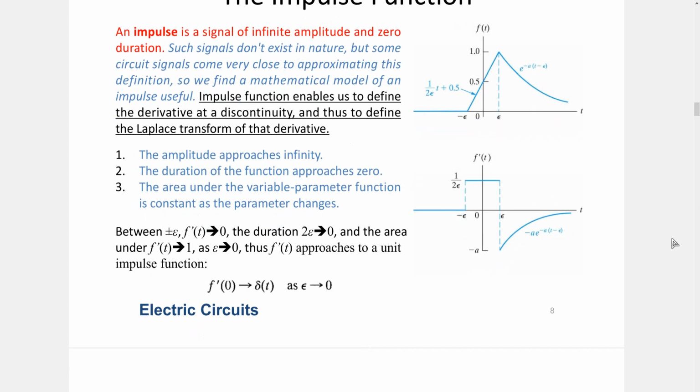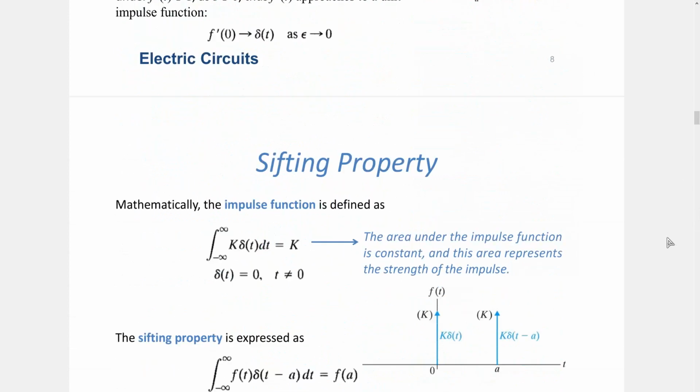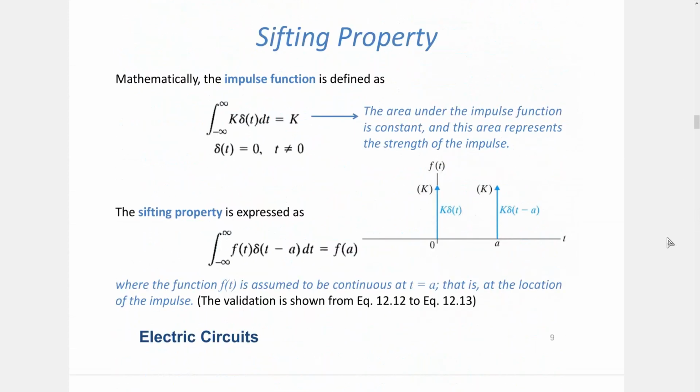All right, so we need to talk about an interesting property, which is called the shifting property. A function f(t), when you consider it as a continuous function, we can simply represent in terms of Dirac delta functions.